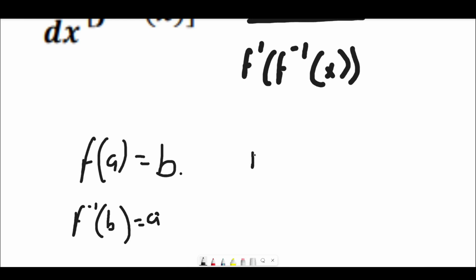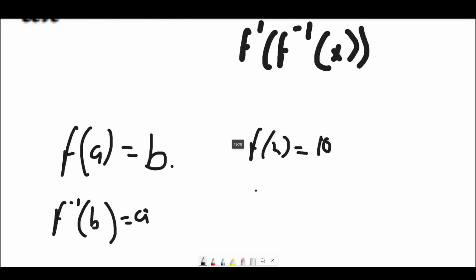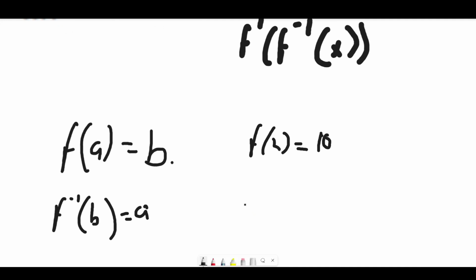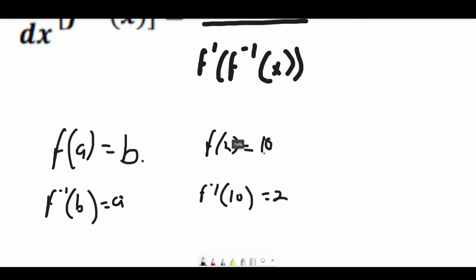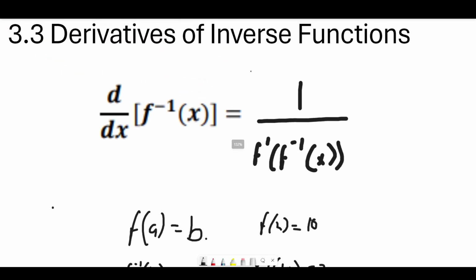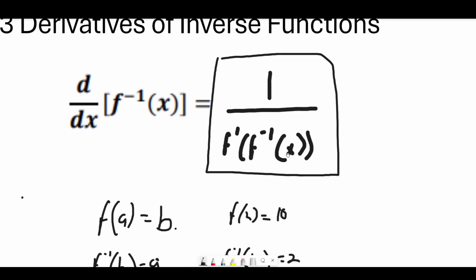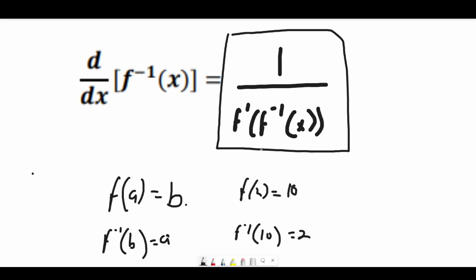So like, if I have f of 2 equals 10, for example, the inverse of that is just going to be inverse of f of 10 equals 2. That's it. So this is the rule for taking the derivative of an inverse function. So you need to remember that.